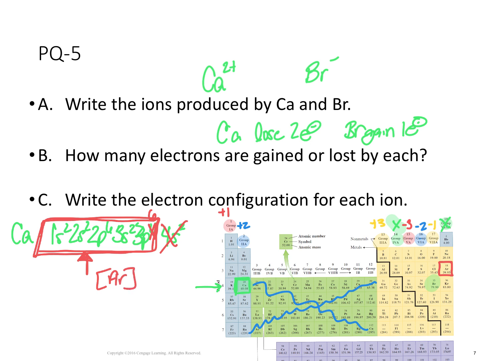So that's going to be true for all of these ions. It's either going to go to the previous noble gas if it's losing electrons, or it's going to go to the next noble gas if it's gaining. So if we look at bromine, bromine is down here in period 4 as well. So we've got 1s2, 2s2, 2p6, 3s2, 3p6, 4s2, 3d10, 4p5.